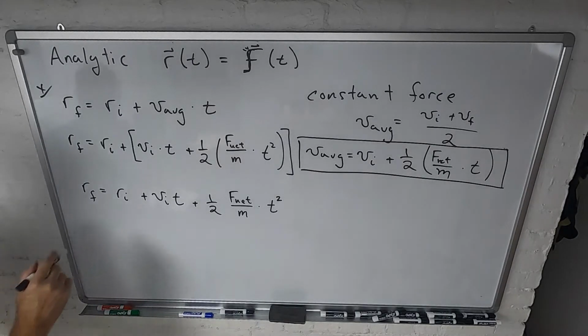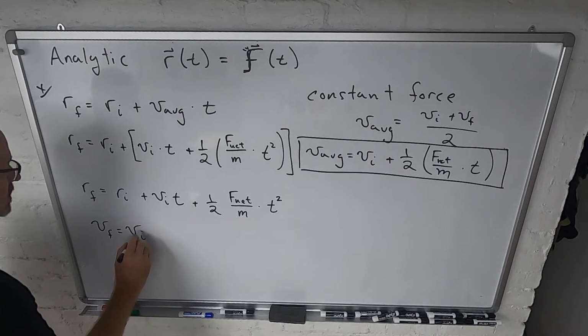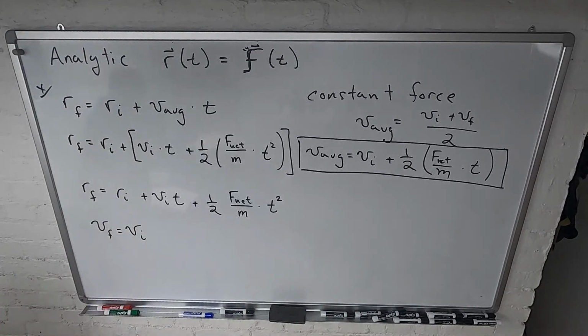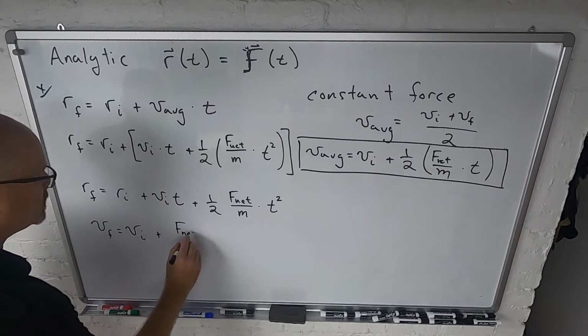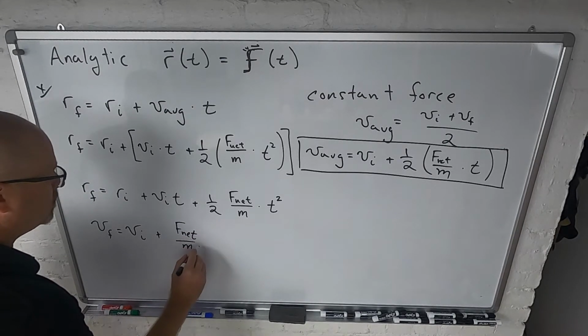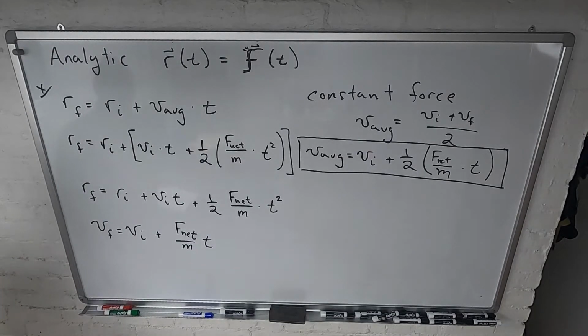I'm also going to rewrite the velocities. So let's rewrite the velocities. V final is equal to V initial plus F net over M times T. Well, that's pretty easy.